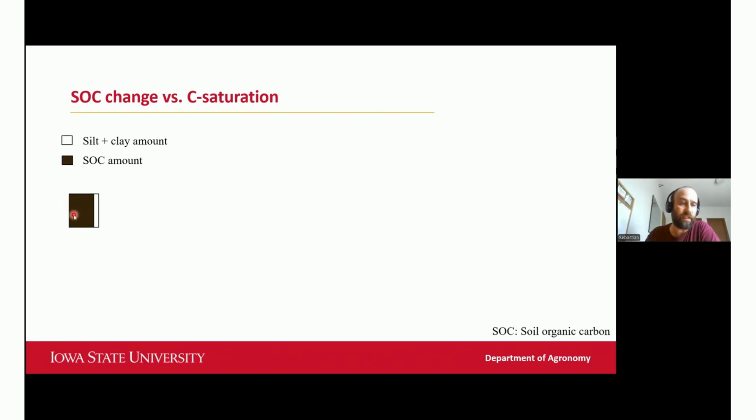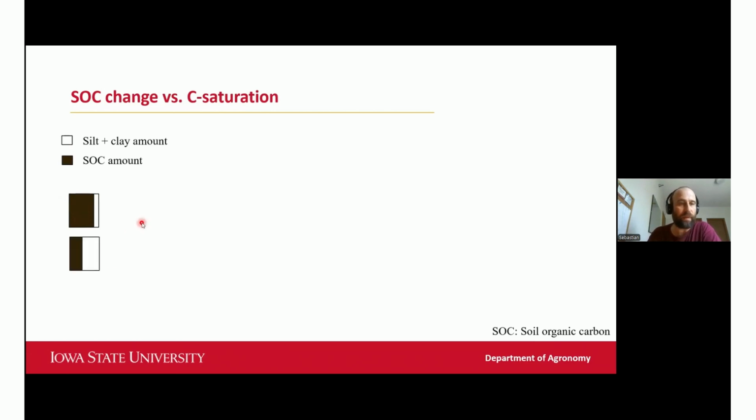In this representation, we are very close to carbon saturation. We are very close to reaching the maximum limit of the soil to store soil organic carbon.